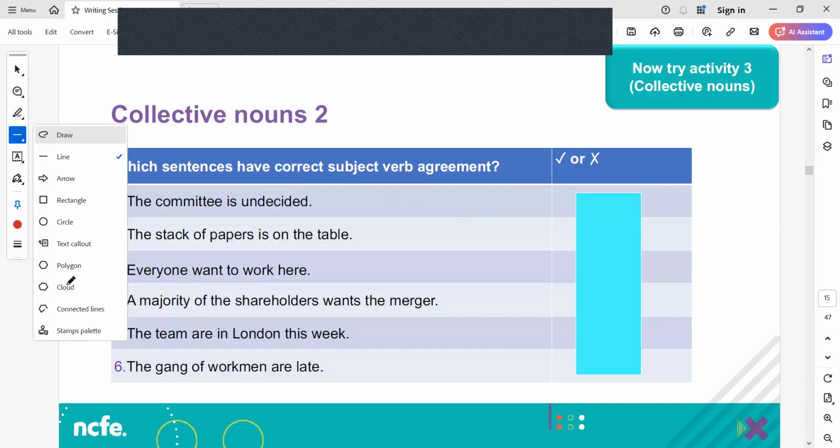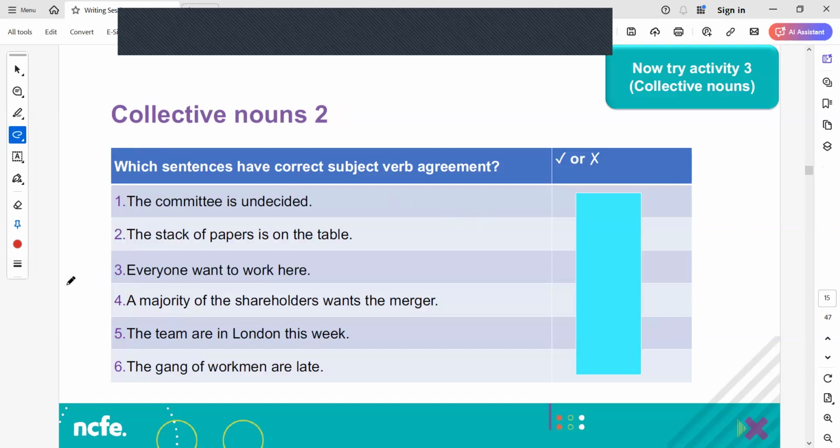The committee is undecided. Correct. The stack of papers is on the table. Correct. Everyone wants to work here. Wants. Good, well done.